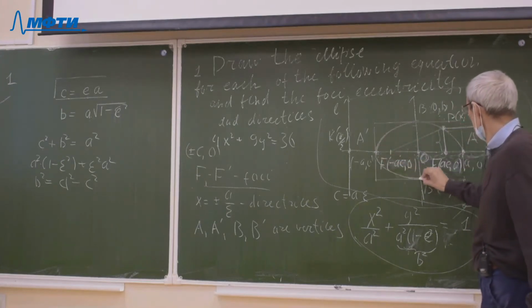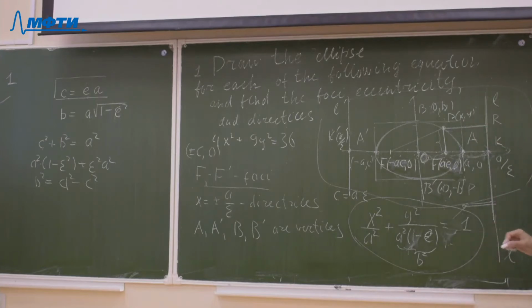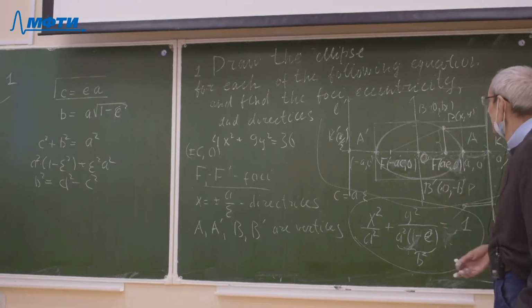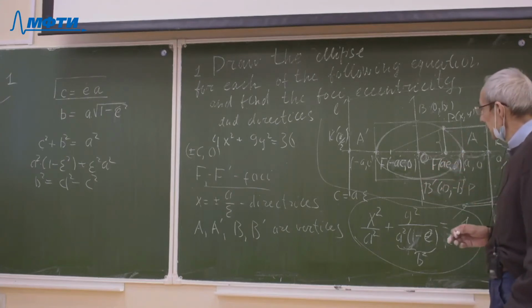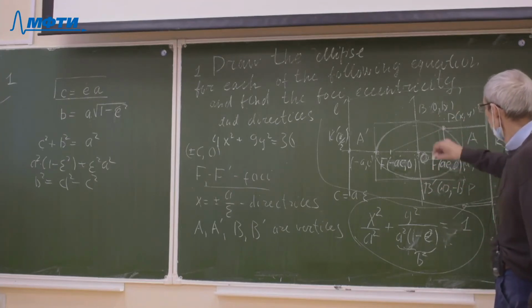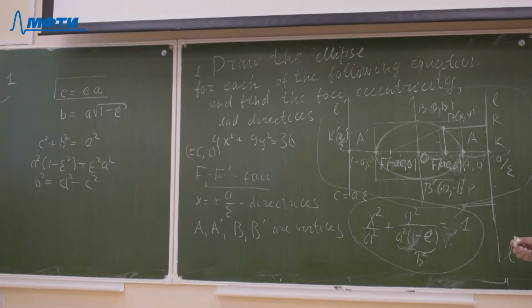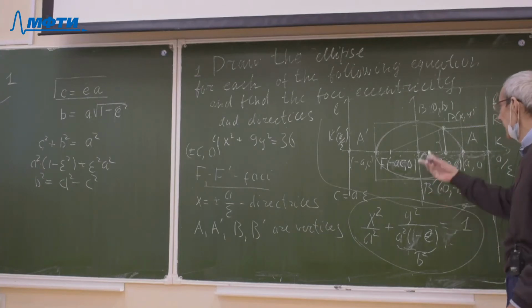The ellipse has the following form: it is like a circle shifted in the direction of one of the axes.